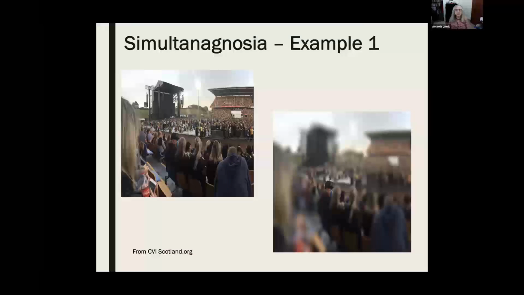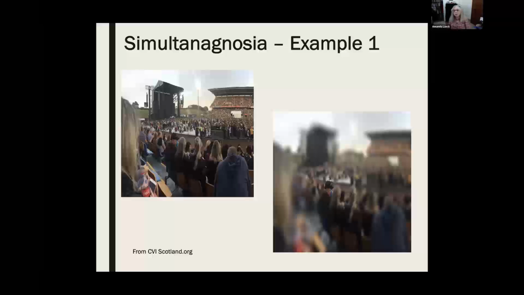Now, this is simultanagnosia, and I want to explain simultanagnosia to you pretty carefully. Through the grace of CVI Scotland, we were allowed to use these photos. And this is a concert, an outdoor concert. And this, on the slide at the left, is what a person with typical vision would see at that concert.